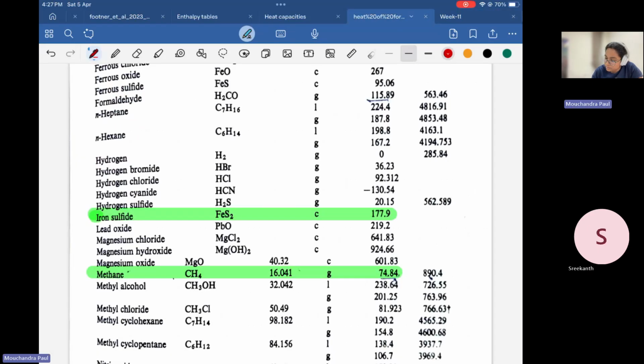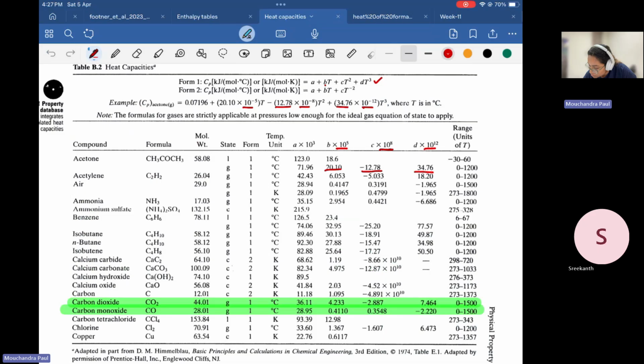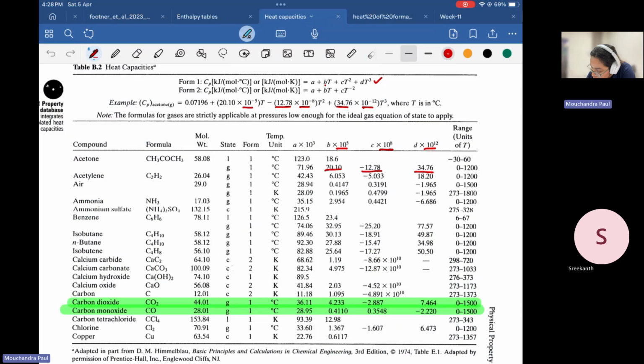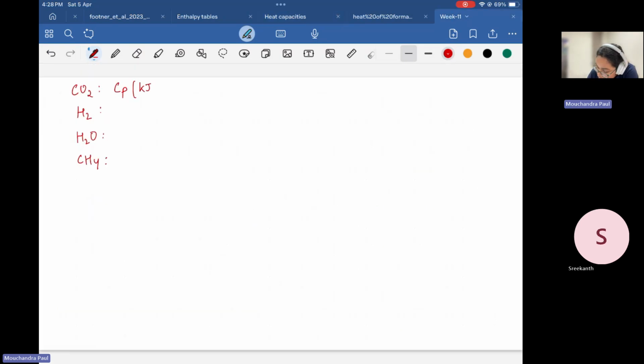So for Cp of CO2, it is at 6.1. So all of these Cp values that we'll calculate have a unit of kilojoule per mole degree Celsius.